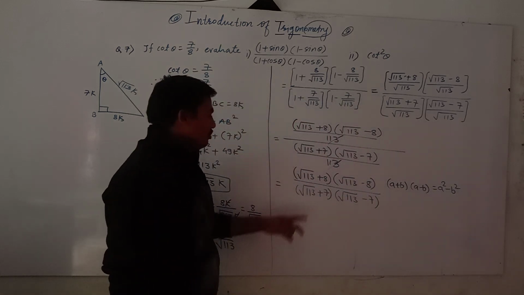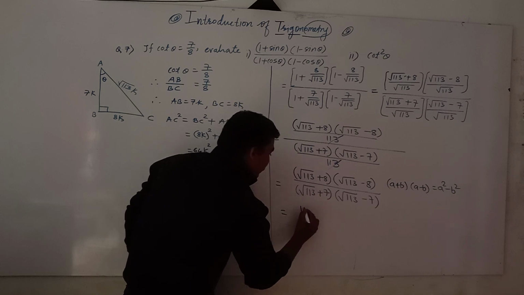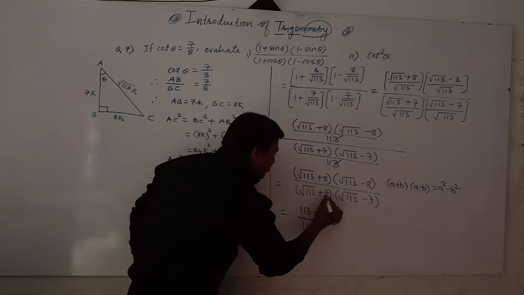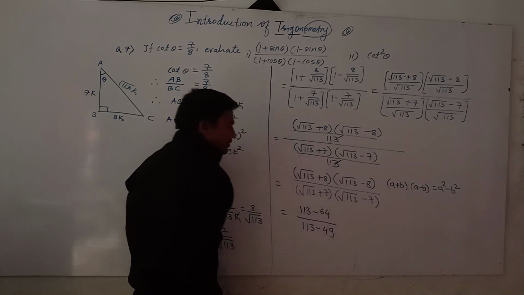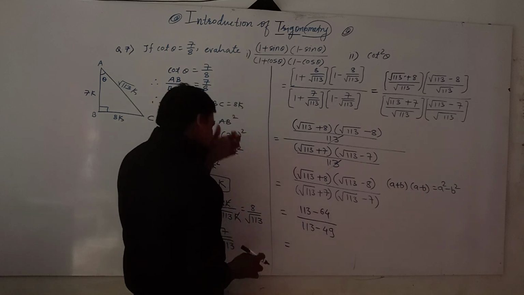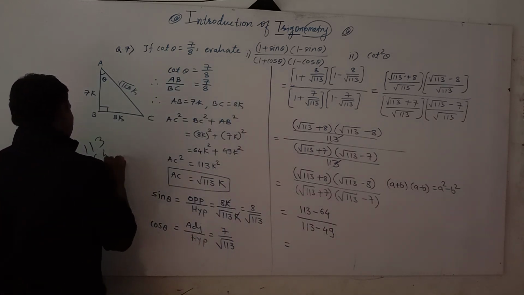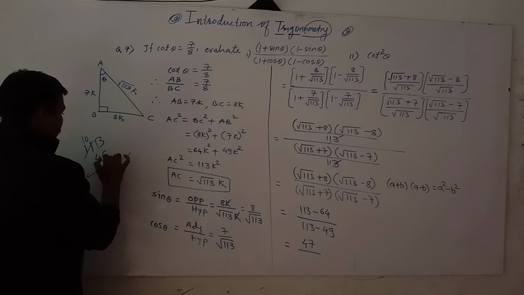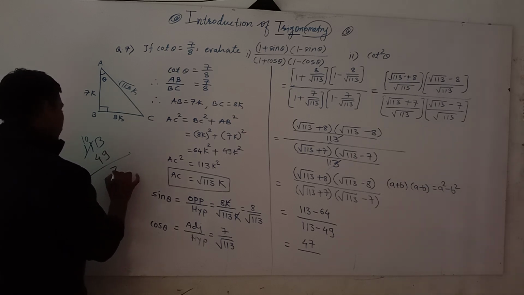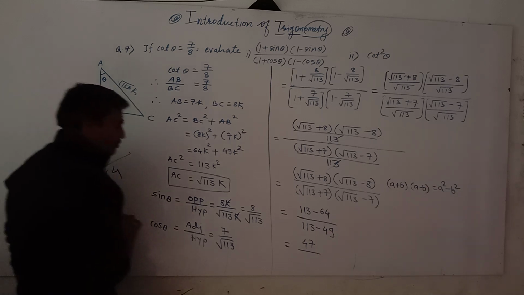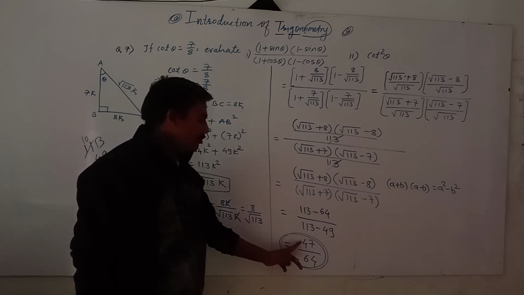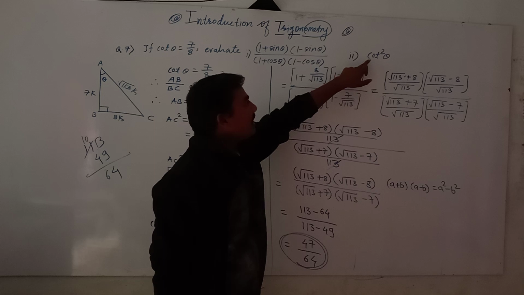So a square is 113, minus b square, which is 64, upon 113 minus 49. So 113 minus 64 is 49, and 113 minus 49 is 64. So your answer is 49 upon 64.